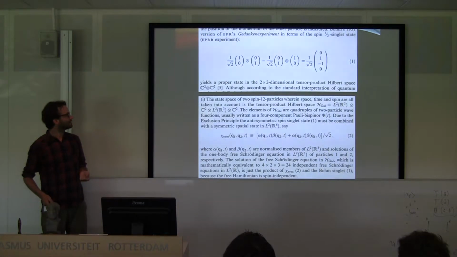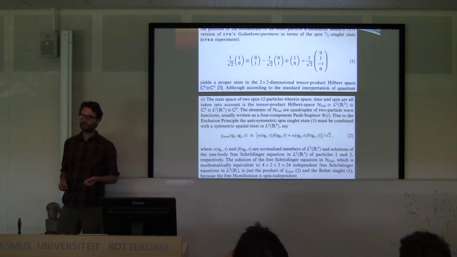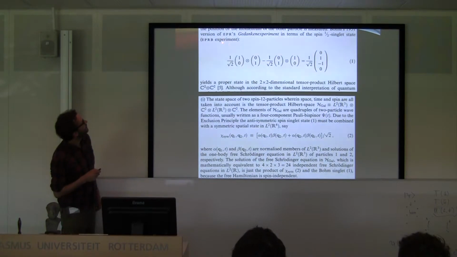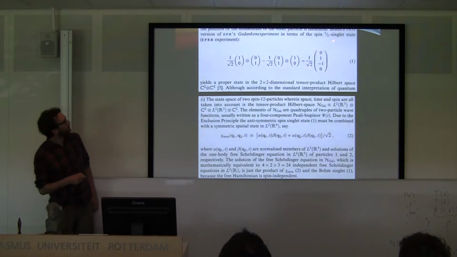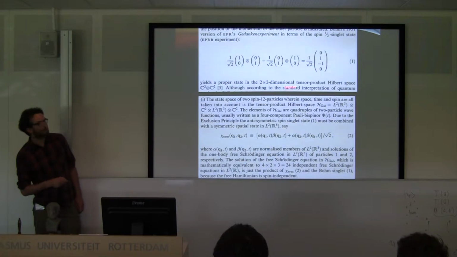And here I start with a paper from Fred from 1999, the locality scandal in quantum mechanics. So let me just start quoting it. Fred starts by saying, well, here we have Bohm's 1951 version of EPR's experiment in terms of this spin half singlet state. What is this mathematical thing that represents that?